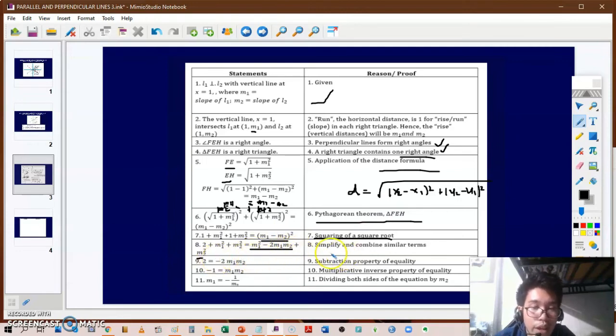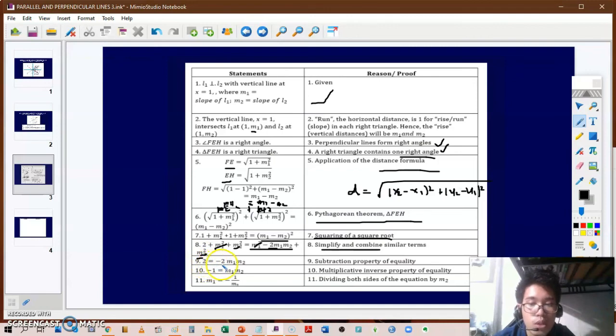From there, we can use the subtraction property of equality to get 2 is equal to negative 2 m sub 1 m sub 2, because m sub 1 squared plus m sub 2 squared cancels out.